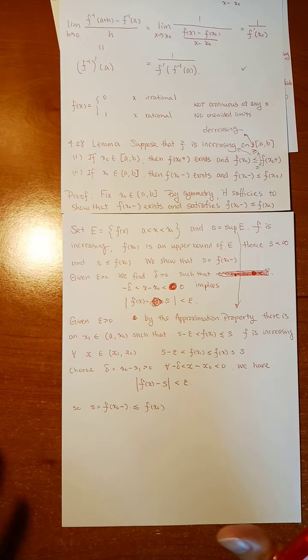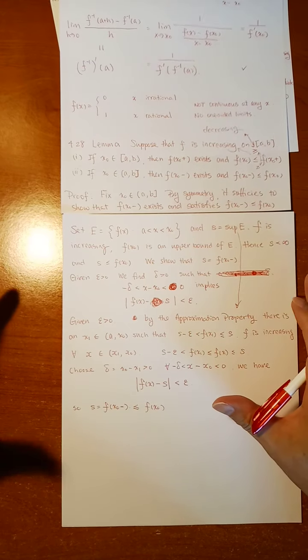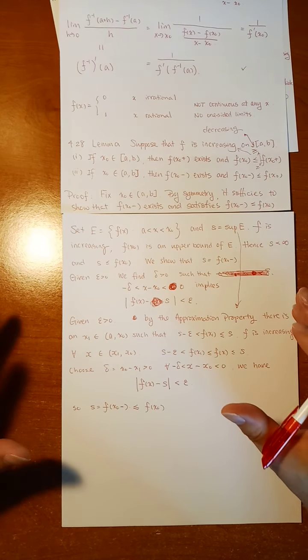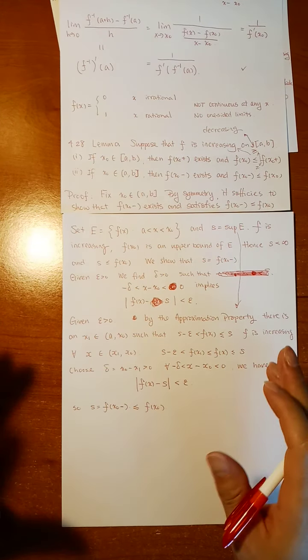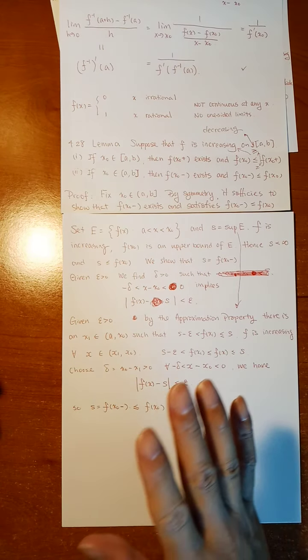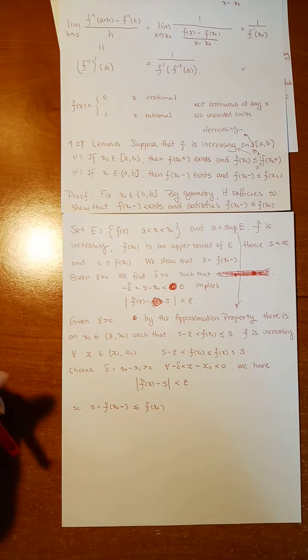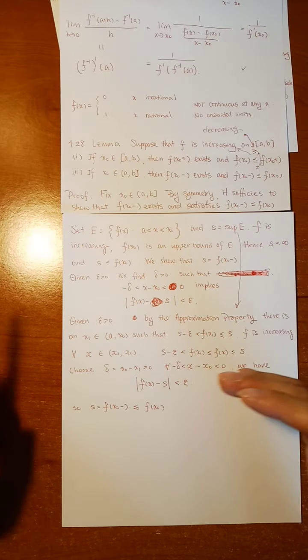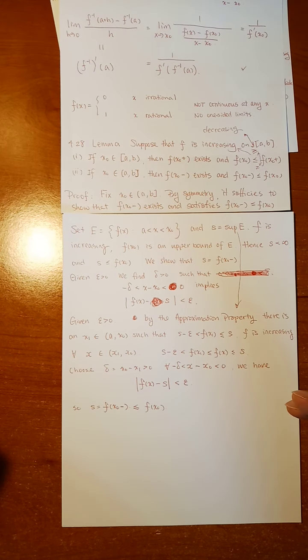All right. So what we have from this lemma, we just showed that if you have a monotone function, forget about the continuity, at least for every point, the one-sided limit always exists.